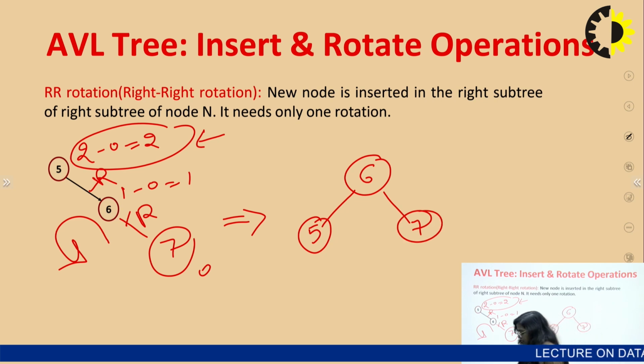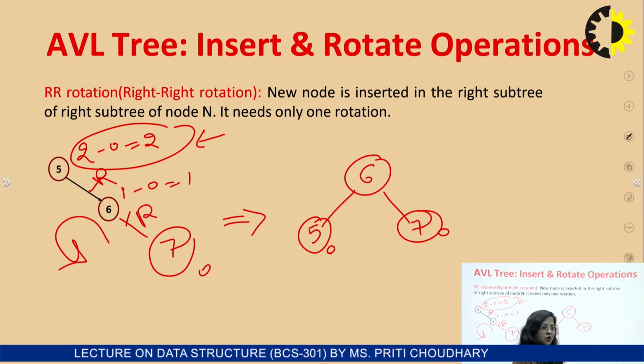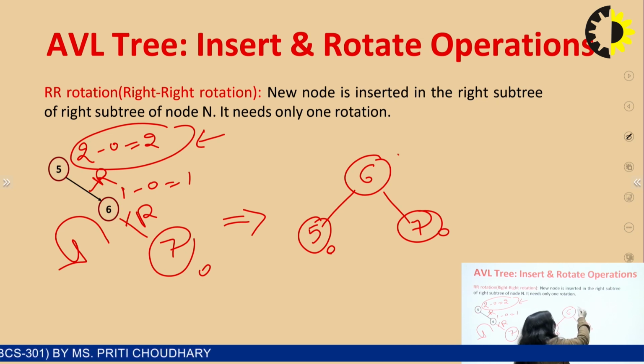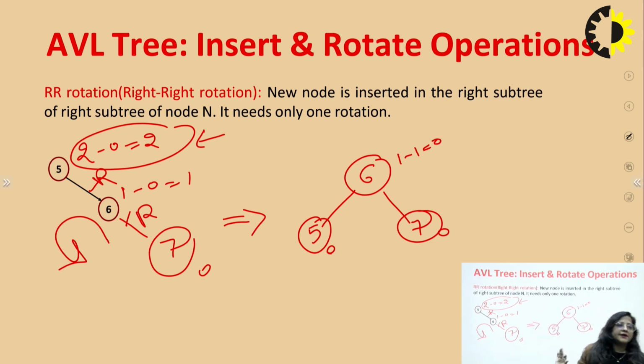Now check the balance factor of each node again. The leaf nodes are always 0. Now check height of right subtree minus height of left subtree, which is 1 minus 1, so the answer is 0. This is called a right rotation, and after conversion this tree is an AVL tree.